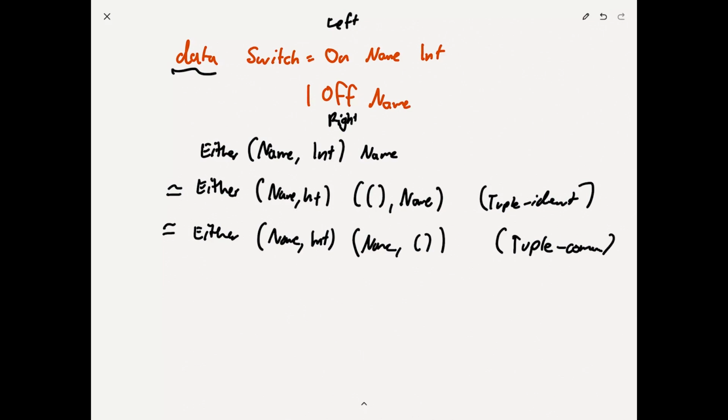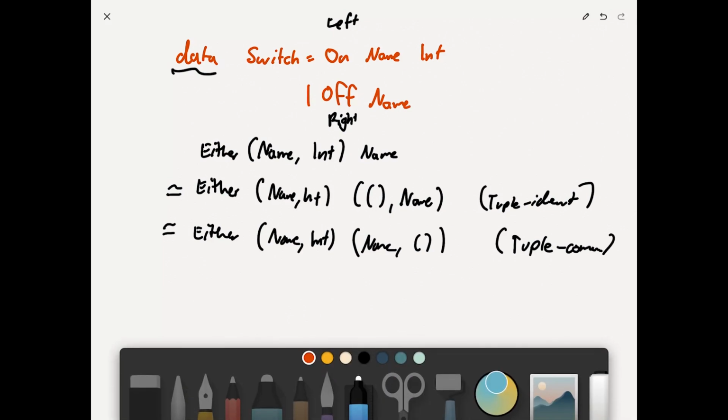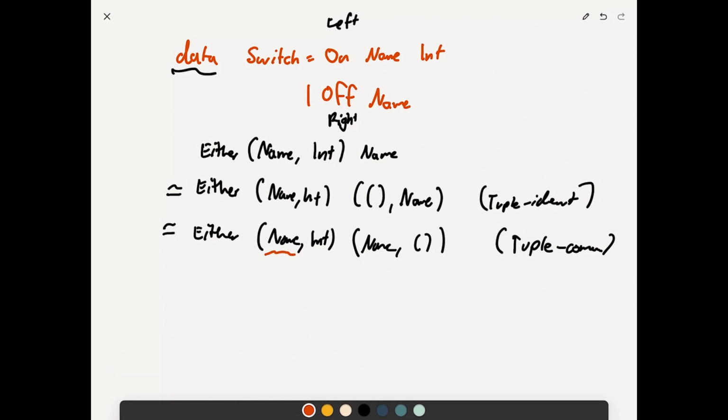And now we can see that we have this common factor, so to speak, of two names, and we can factor that out using the distributivity law that we saw before. So we get name on the outside, and then either int or unit.